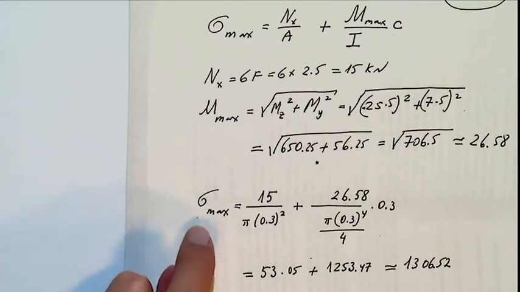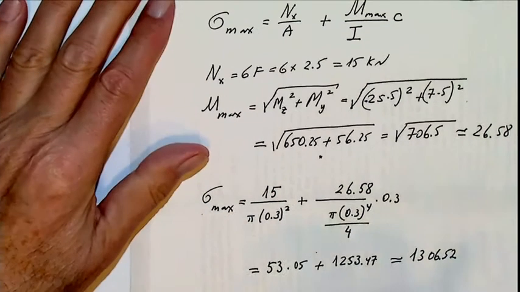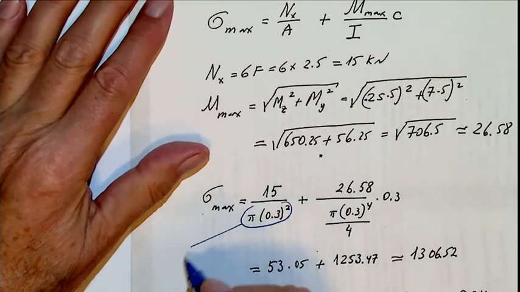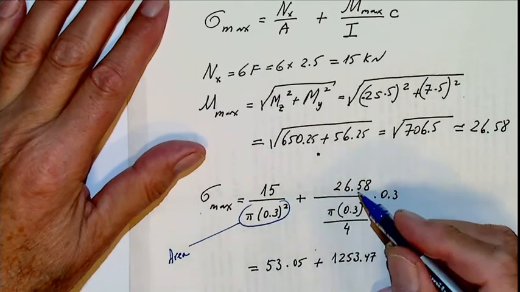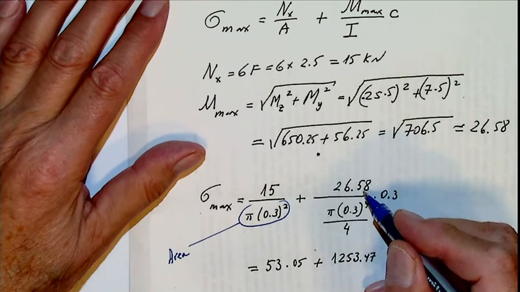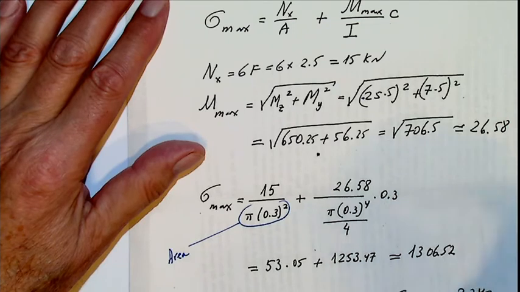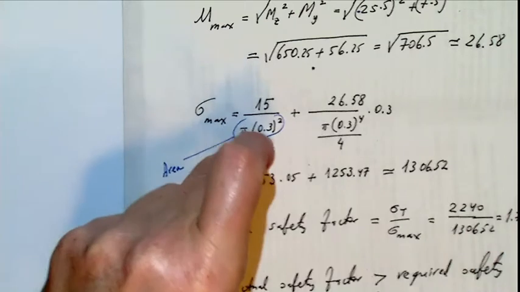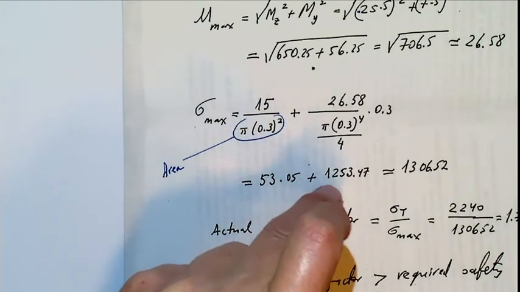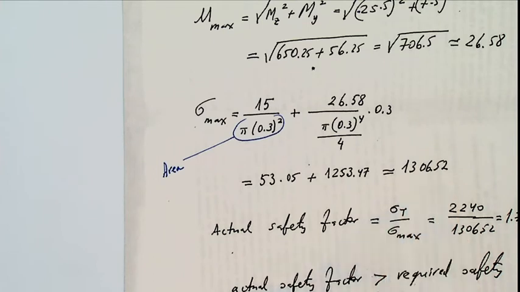So then sigma maximum equals 15 divided by pi r squared, that is the area, pi times 0.3 squared, plus 26.58, that is the bending moment, over pi 0.3 to the fourth power over 4, times 0.3. So that is 53.05, plus 1,253.47, which equals 1,306.52.